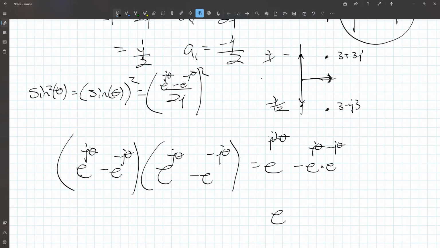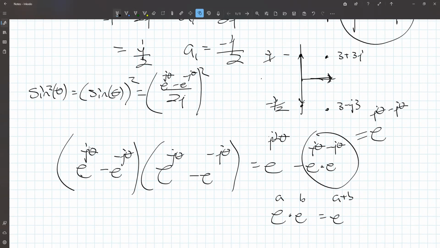Because if I have E to the A times E to the B, that's equal to E to the A plus B. So I have E to the J theta times E to the negative J theta, which becomes E to the J theta minus J theta, which becomes E to the 0, which is equal to 1. Did everybody get that?